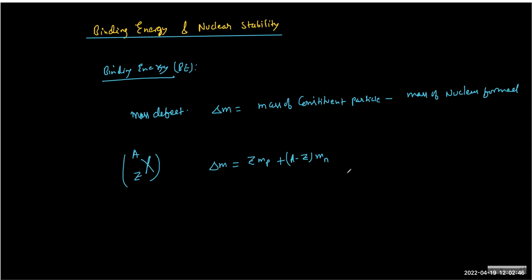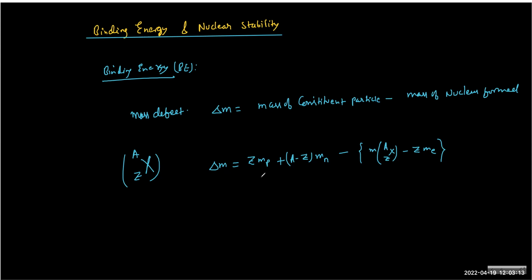So this is the mass of the constituents, and the mass of the nucleus formed is M(A, Z). Is this clear? So the mass defect is written like this.